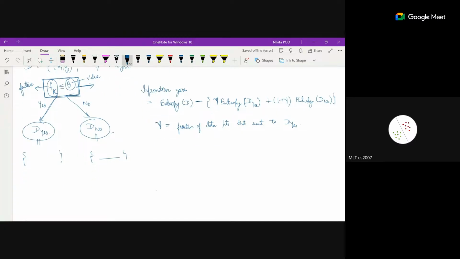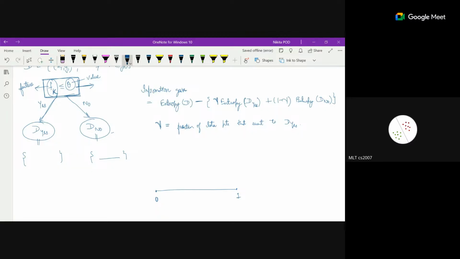If everything is in zero, or if everything is in one, then this entropy, this impurity, is going to be zero.